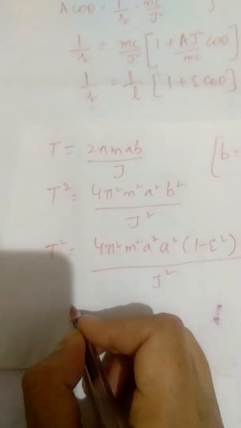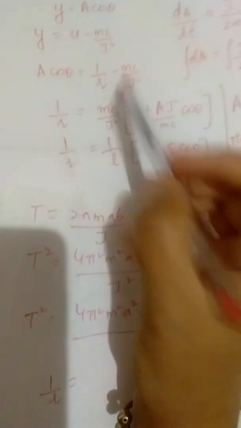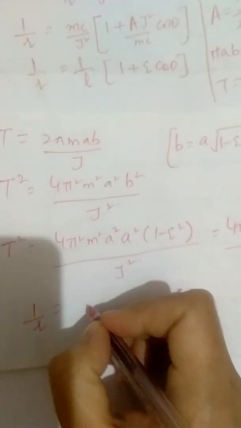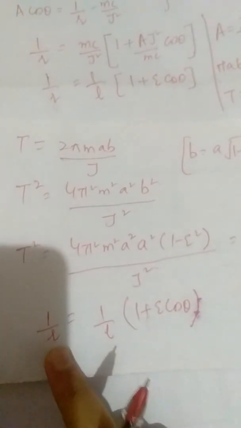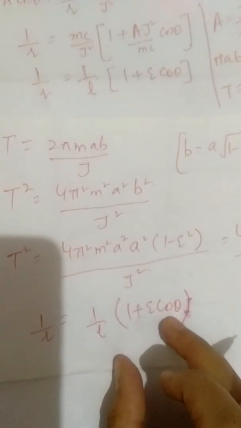Now, we know this 1/r was equal to how much? 1/L times (1 + E cos θ), right? If we have to find the maximum and minimum value of this 1/r, obviously that will be determined by the value of cos θ. And we know that the value of cos θ ranges from +1 to −1.